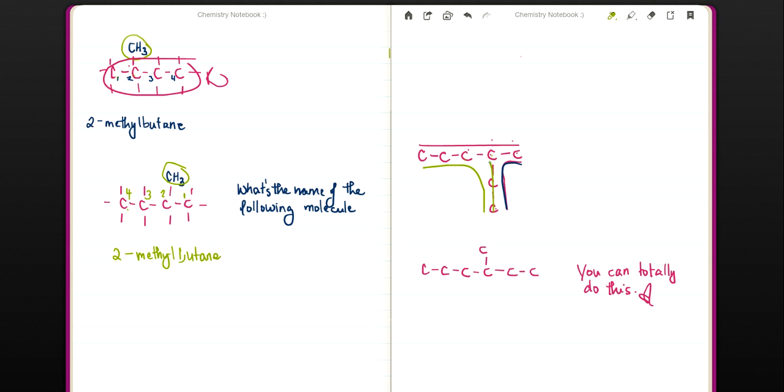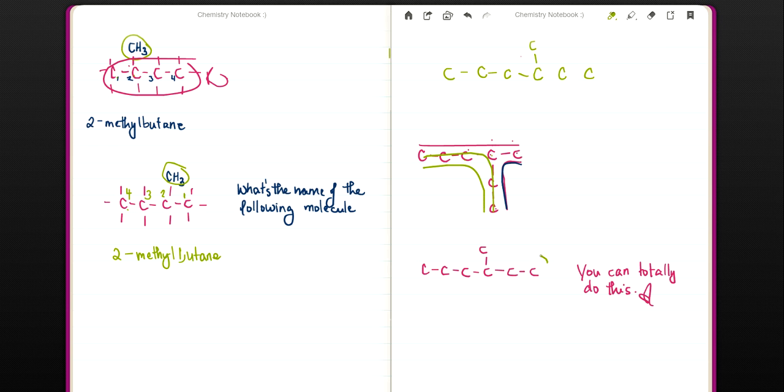So I would take this one, and I can write it as 1, 2, 3, and on the third one we have a carbon here, and we have 1, 2, 3 going across. So we can write it out like this.